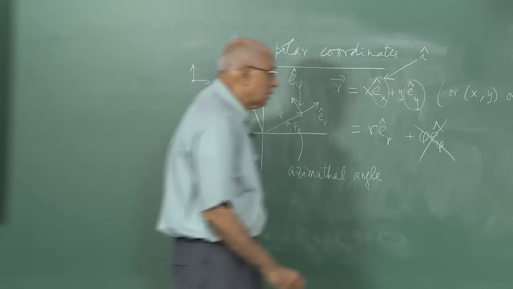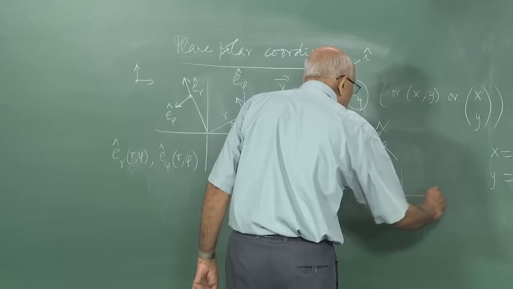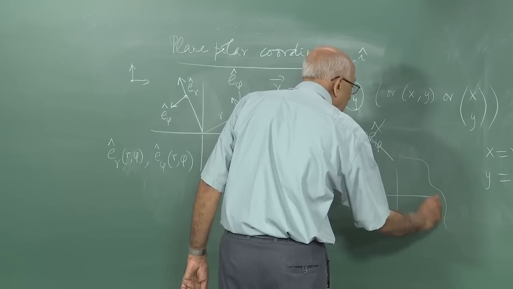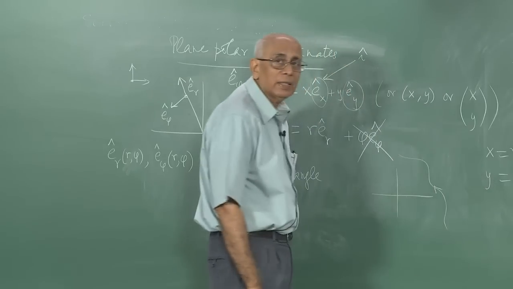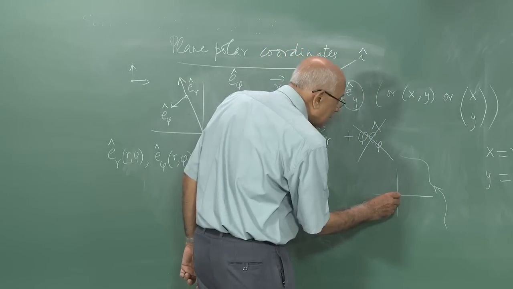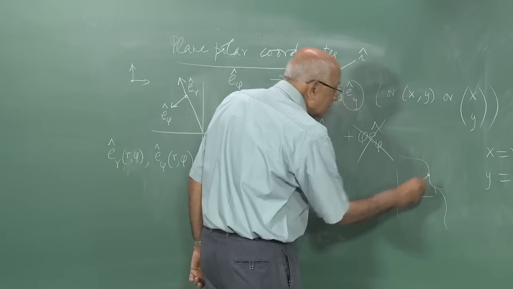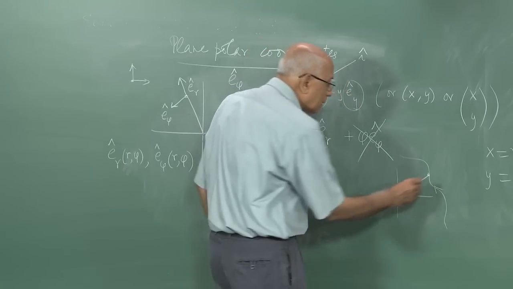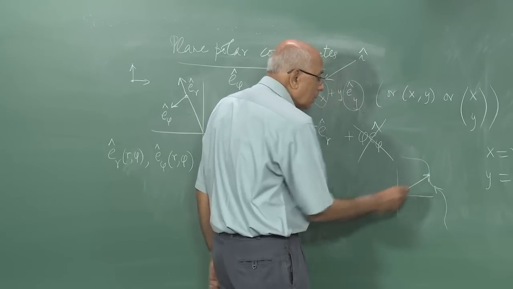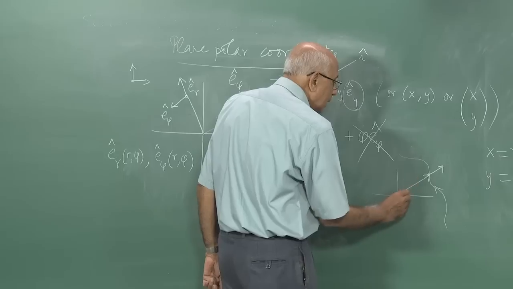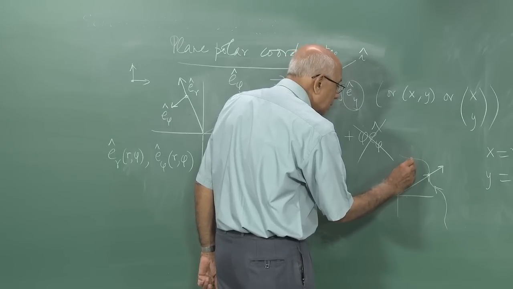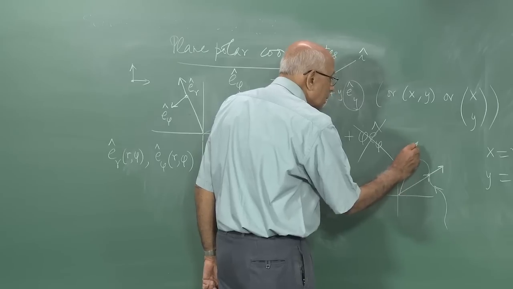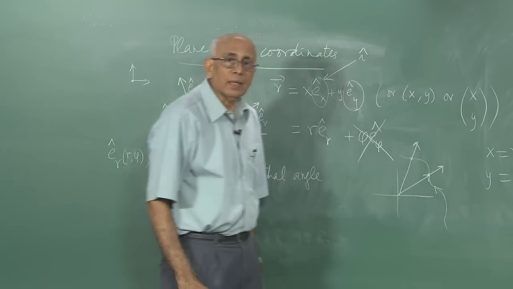Therefore, for instance, if you are going to describe the position of a particle which is moving in this two-dimensional space in this fashion, at this instant of time its position is out there and this is the radius vector with a radial direction like that. At a later instant of time it is here with a position vector here, the unit vector in that direction.